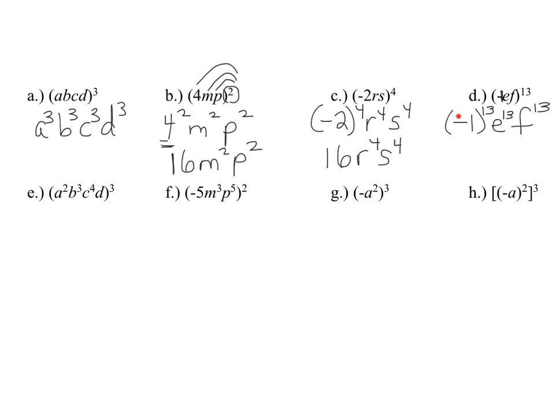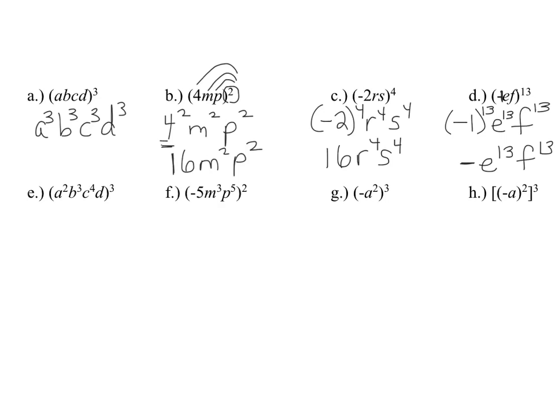So this is going to end up with a negative 1. So now in my final answer, we could write negative 1 e to the 13th, f to the 13th, or we could just leave it as a negative. And that's the most simplified version, is to just say my final answer is negative e to the 13th, f to the 13th. All right?